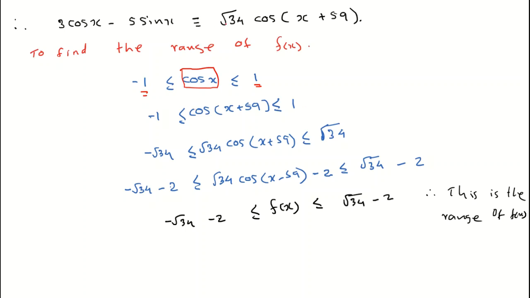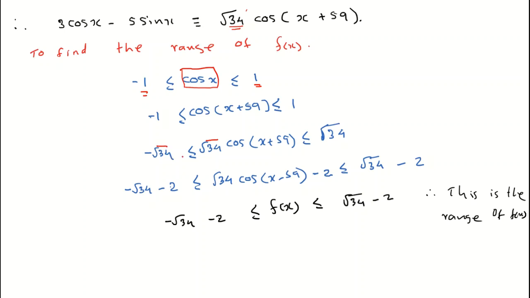Now we have root 34 here, right? So therefore we multiply this one by root 34. Then each and everything is multiplied by root 34.